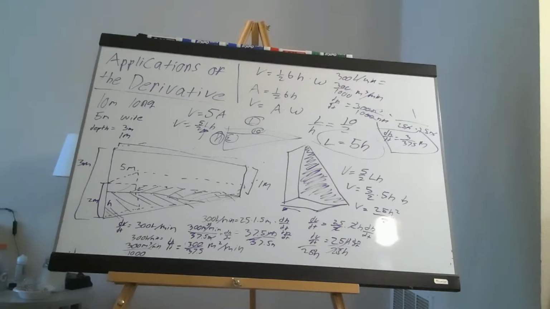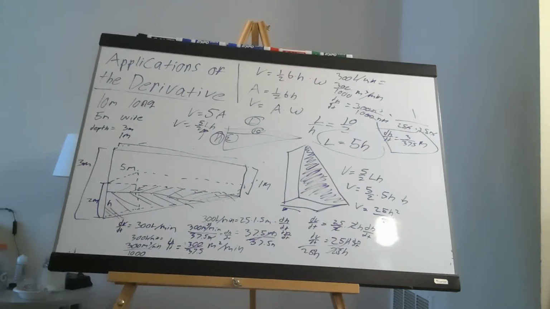So the next thing I did was I divided that by multiplying it out. So I got 3/10 times 37.5. 10 times 37.5 is 375. So we got dH/dt, the rate of change for the height, is 3/375 meters, which I think is like 0.008 or 0.006, something along the lines of that.